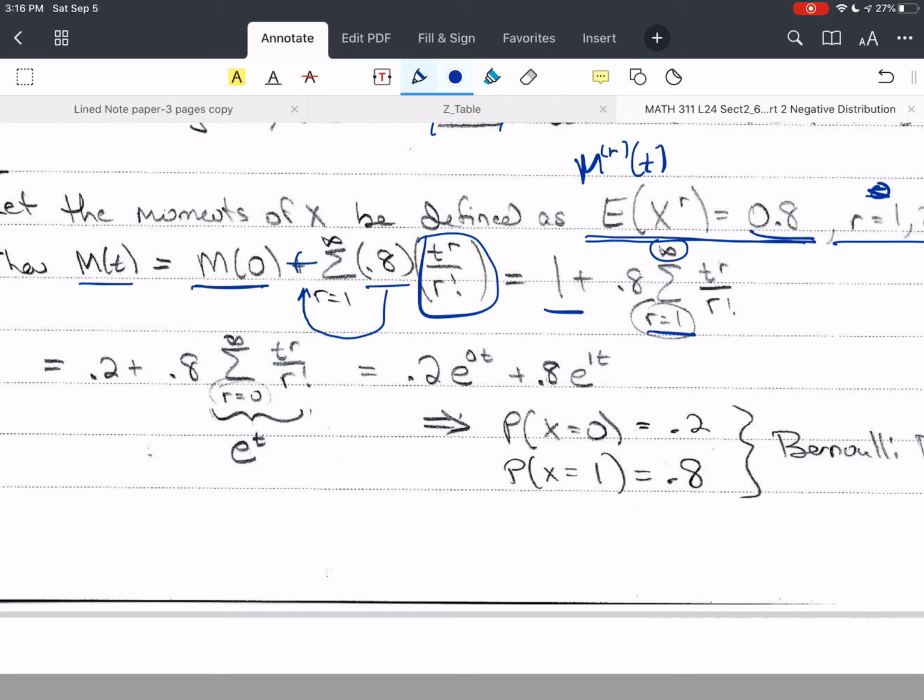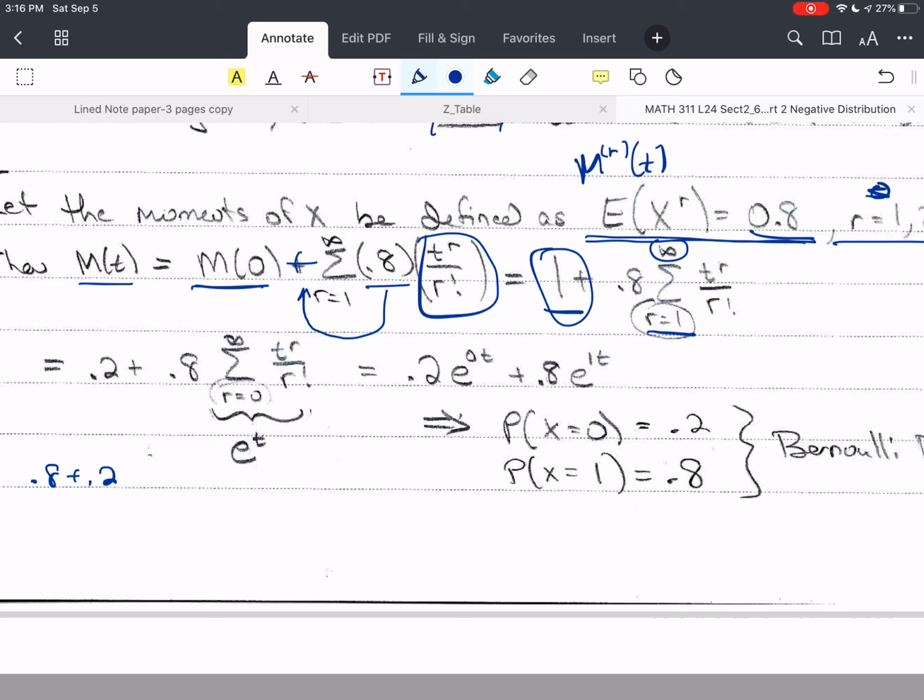And so I'd like to point out to you that then we need to make this as from r equals 0 to infinity. And so what we've done is we have broken this 1 into 0.8 plus 0.2.